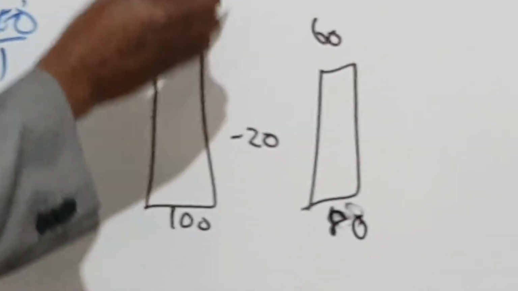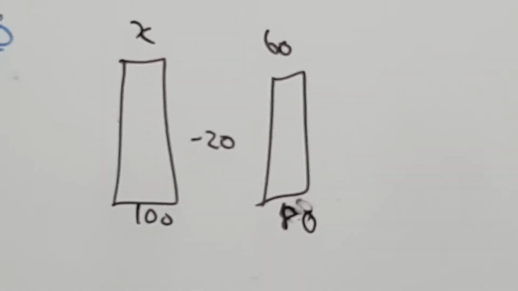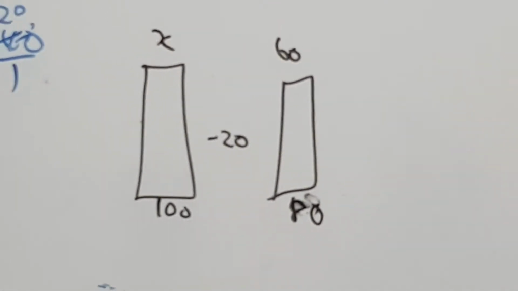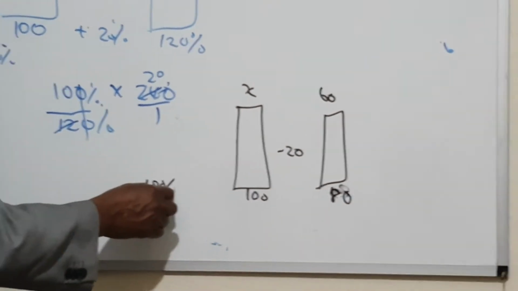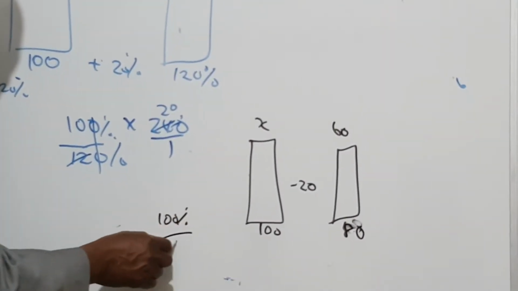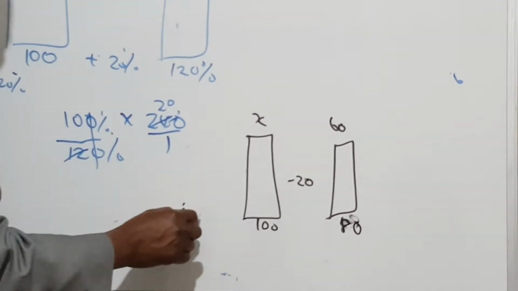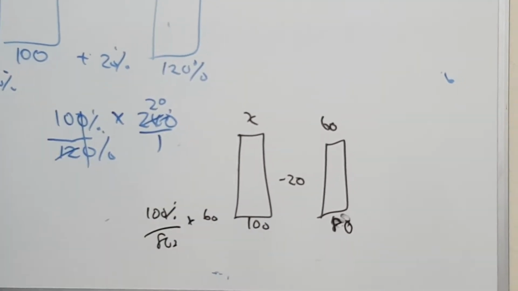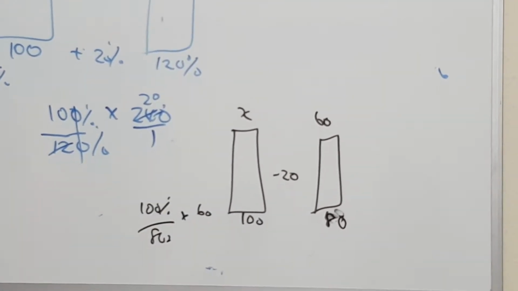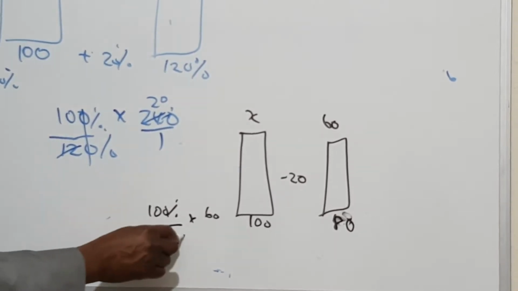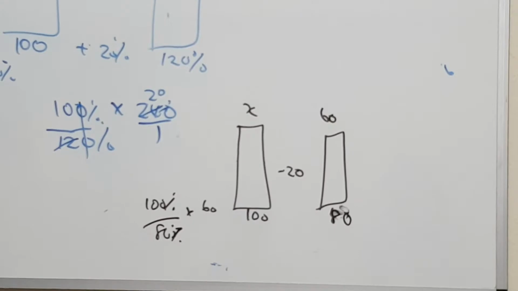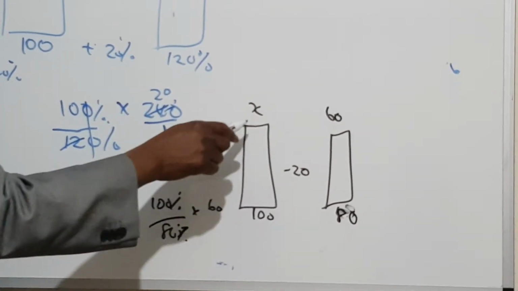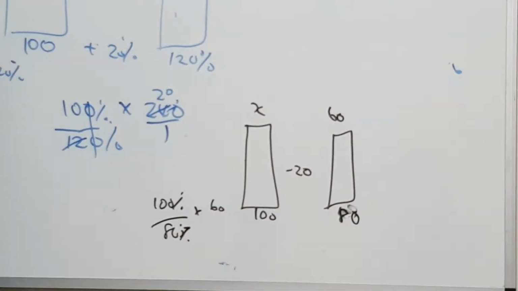But you don't know what was the original. Same thing. The unknown, 100% over the known percentage 80, times that amount, 60. Always the unknown over the known, and it has percentage over percentage. Don't say this over that.